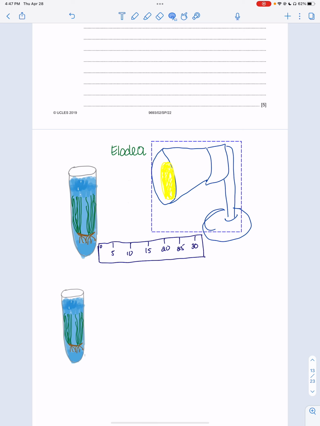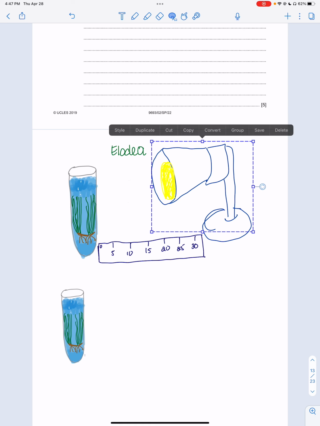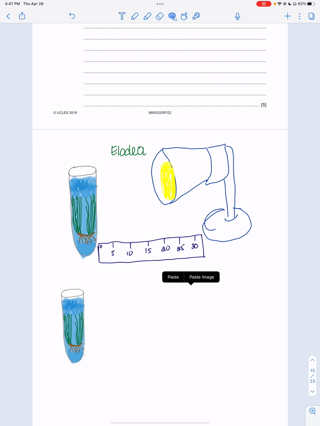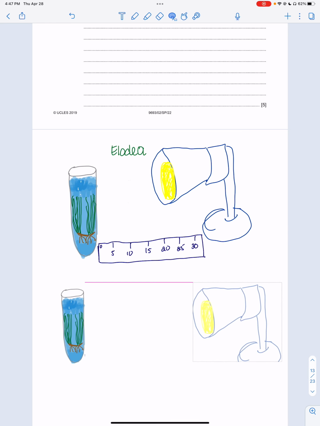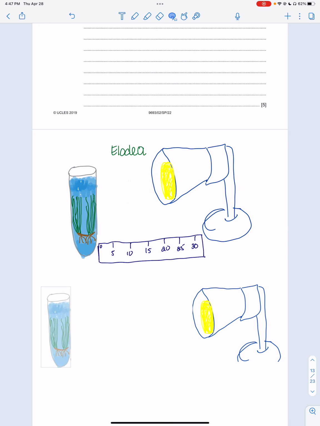Copy. Okay, it doesn't have the bottom. I'm fine with it. Same thing.